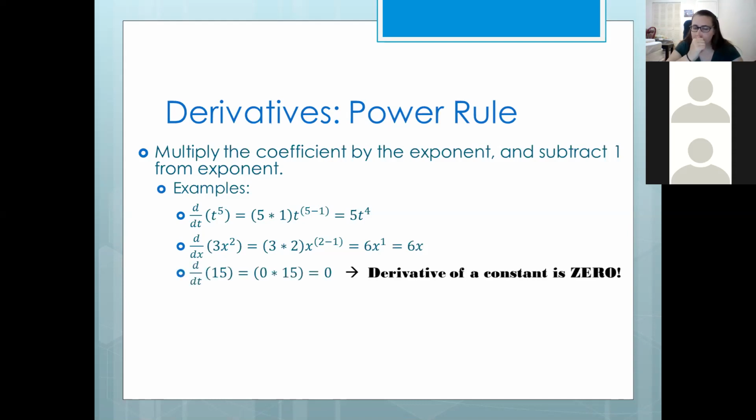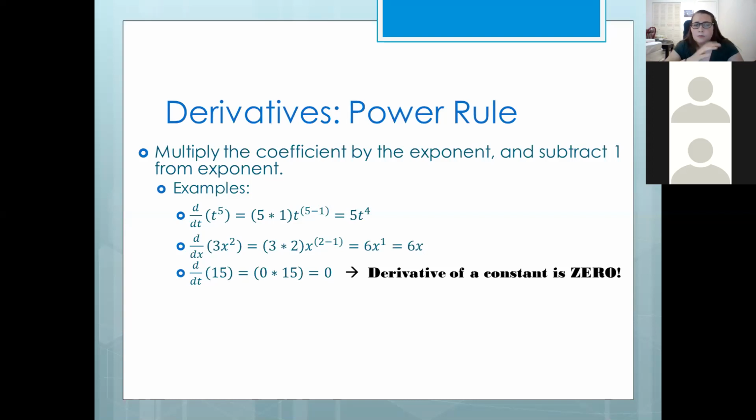Here's another example. The derivative of 15. Well, you can tell from the very beginning, d over dt, that we're supposed to be taking the derivative with respect to time, that variable t. But there's no t anywhere in that function. It's just 15. So that's kind of like saying 15 times t to the 0. t doesn't exist in that function.